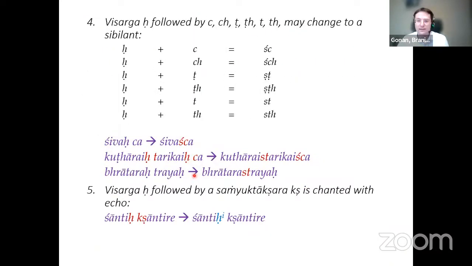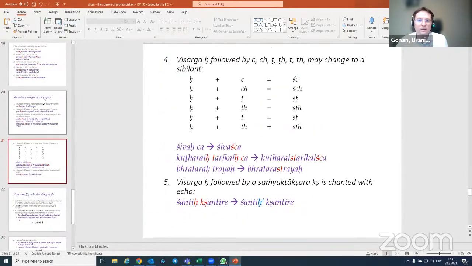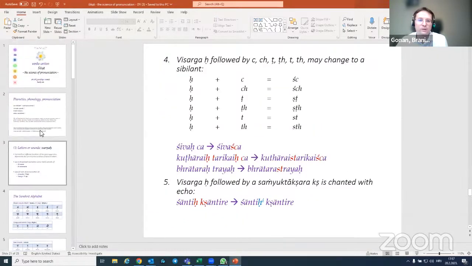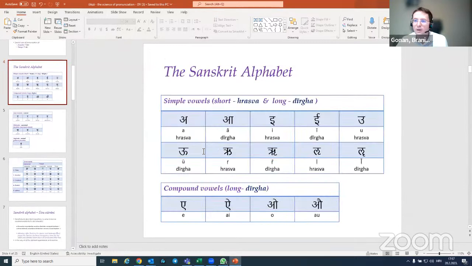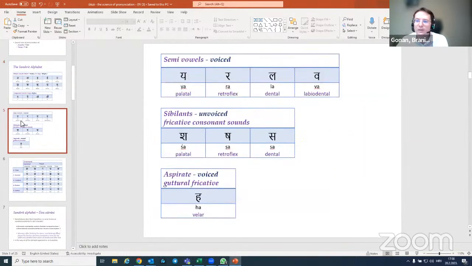For example, I would say that we should start from the beginning, from this pure pronunciation of the Sanskrit sounds. And this is really the basics, right? So the vowels: a, i, u, r, l, right? Compound vowels: e, ai, o, au. So ya, va, ra, la, sha, sha, sa. These are the retroflexes.